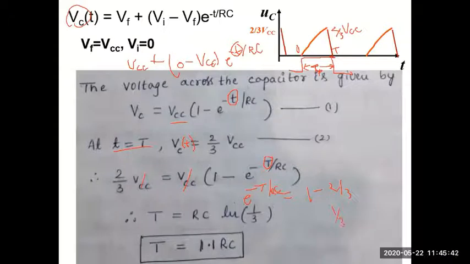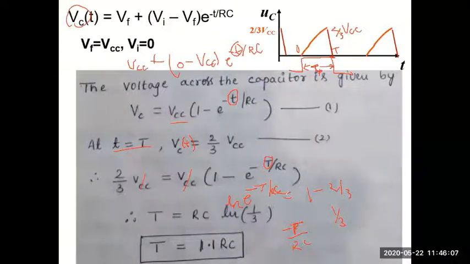So if I want to reduce this e power minus t, I should take log. If I take natural logarithm on both sides, I will have minus t by RC on the left hand side. If I take log to the base e, this e power will get cancelled.